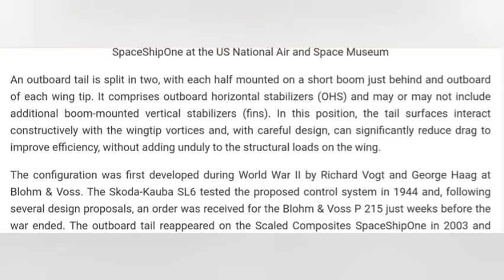It comprises outboard horizontal stabilizers and may or may not include additional boom-mounted vertical stabilizer fins. In this position, the tail surfaces interact constructively with the wingtip vortices and with careful design can significantly reduce drag to improve efficiency without adding unduly to the structural loads on the wing.